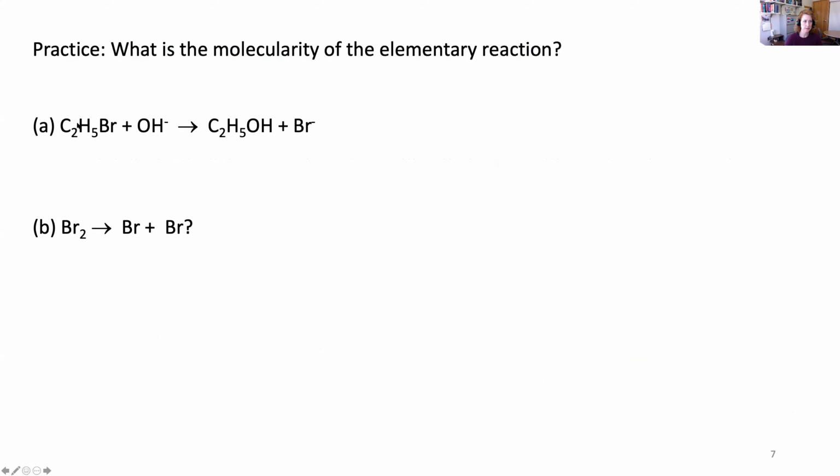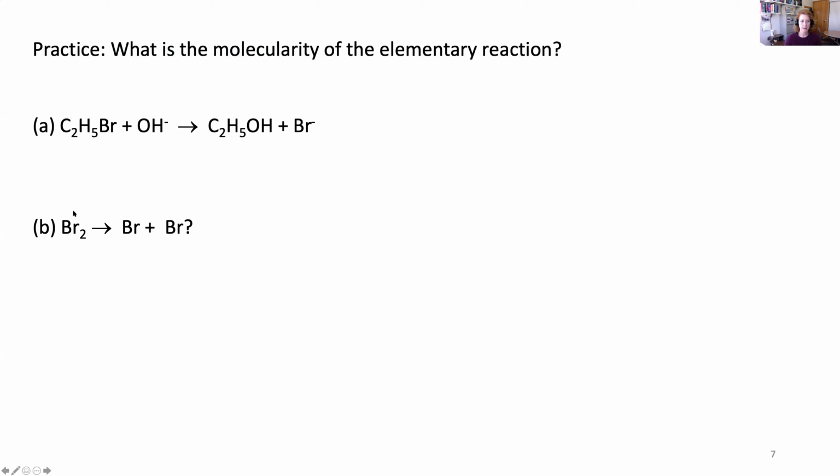So let's do this example. Practice A: I have ethyl bromide plus hydroxide, and that is forming ethanol and bromide anion. So I have these 2 molecules reacting together to form these 2 molecules. What is the molecularity?